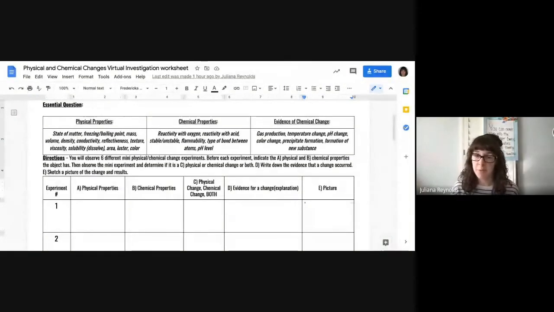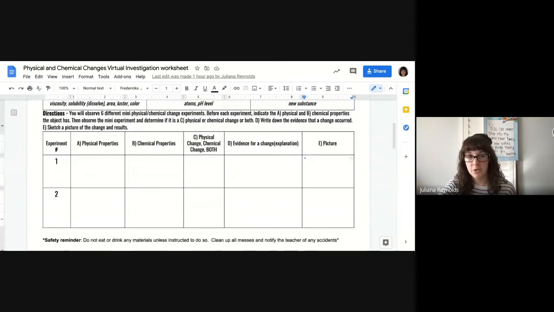But some common evidences of chemical change include gas production, temperature change, pH change, color change, precipitate formation, and formation of a new substance. So please feel free to use that table to help you out during this investigation this morning.